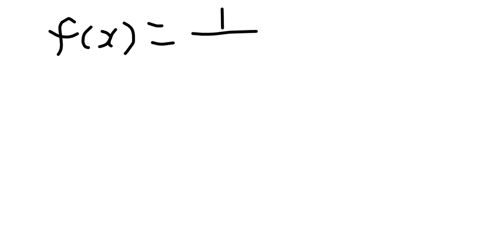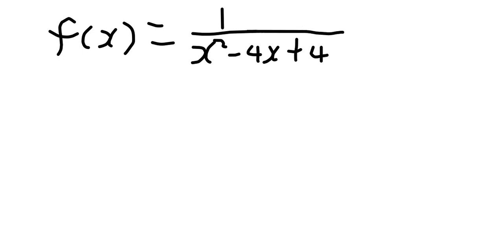So we'll start out with the 1 pole case, because that's the easiest one to deal with. So consider this function, f of x is equal to 1 over x squared minus 4x plus 4. This quadratic easily factors.